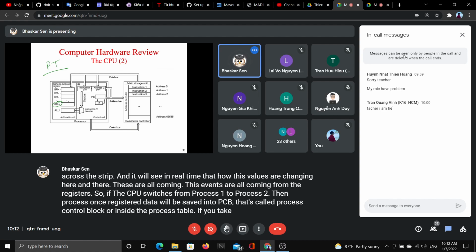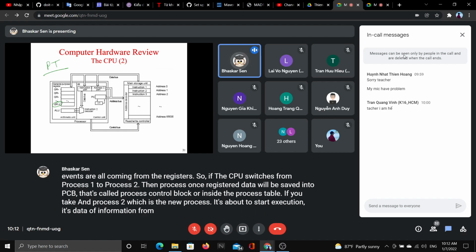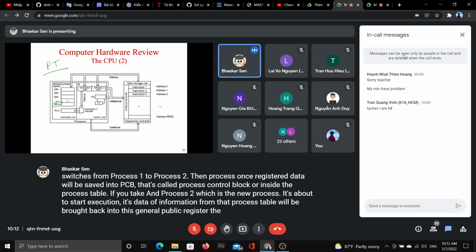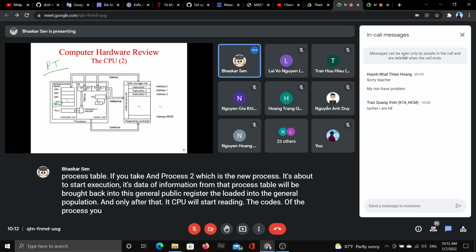And process 2, the new process which is about to start execution, its information from the process table will be brought back and loaded into the general purpose registers. And only after that, the execution starts. The CPU will start reading the code of the process to execute. So that is the way it works.